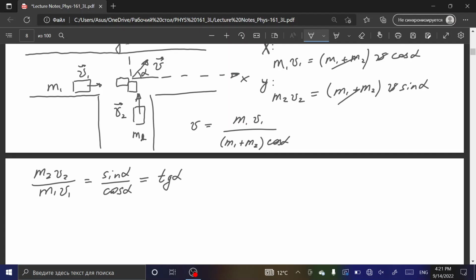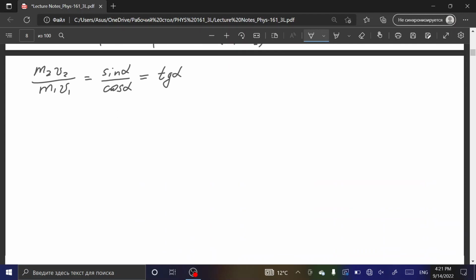So these are some examples of collisions which we consider, and now let us move forward to the introduction of center of mass. Why it's useful, we will consider a little bit more in the light of the second law of motion and conservation of linear momentum in the next lecture.